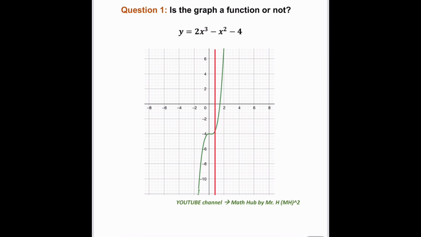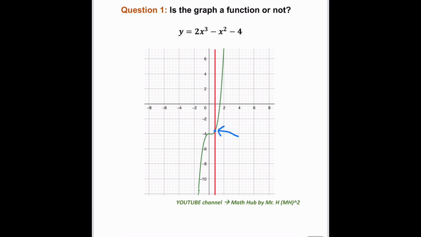After drawing the vertical line, you have to take a look at how many points on the graph that the vertical line touches. And based on the rule, there should only be one distinct point on the graph. We can see that the vertical line crossed the graph at exactly one point, which is here.